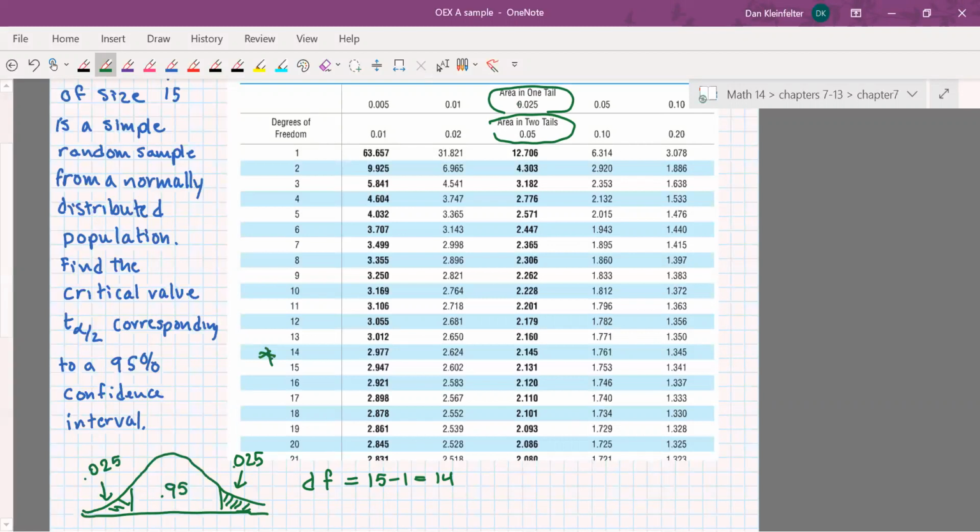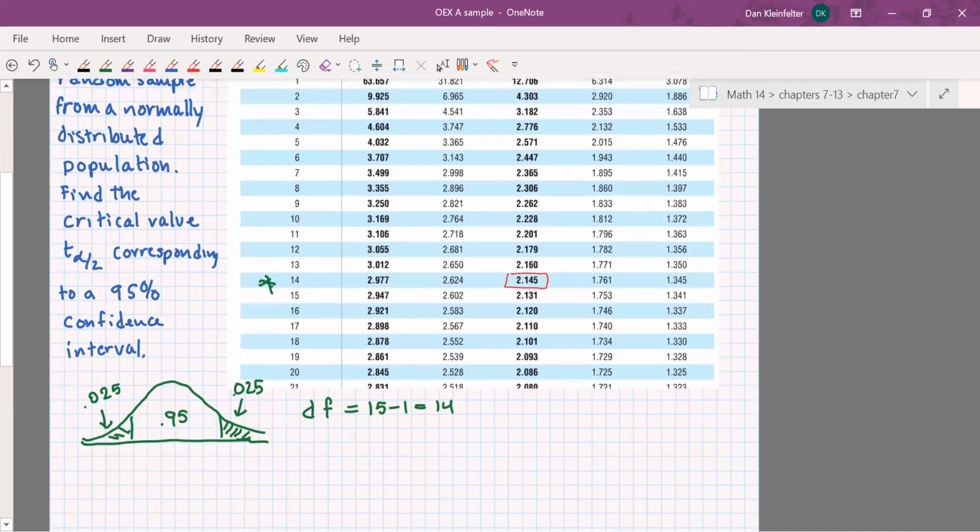So where those two intersect is at 2.145. So we went down the rows corresponding to degrees of freedom, and the column came from what confidence level we had. We had 95% confident, so 5% is in two tails. Where those two met is 2.145.